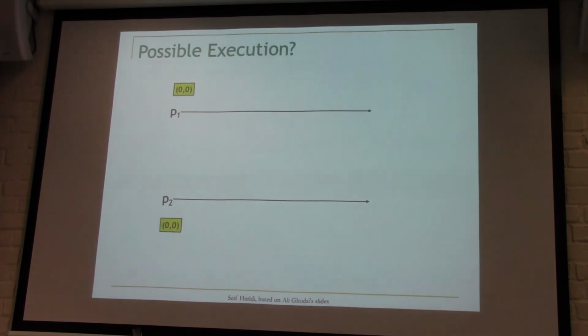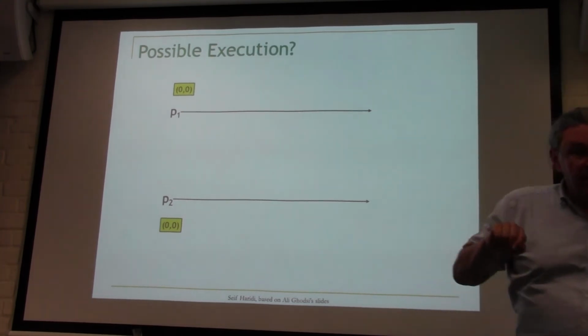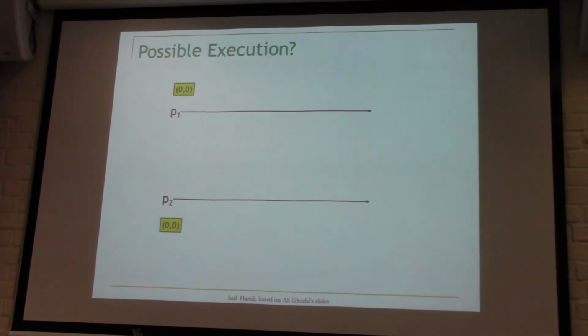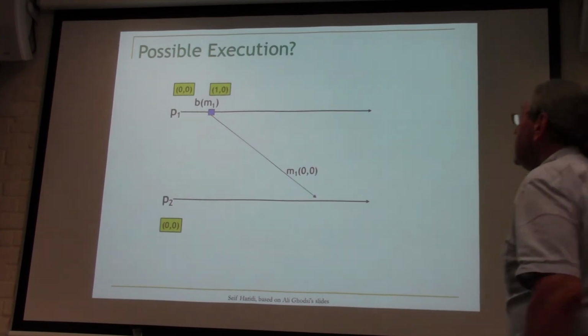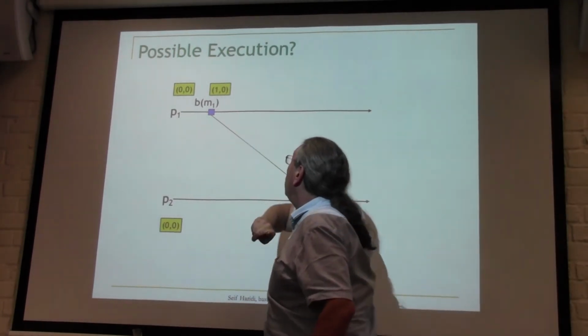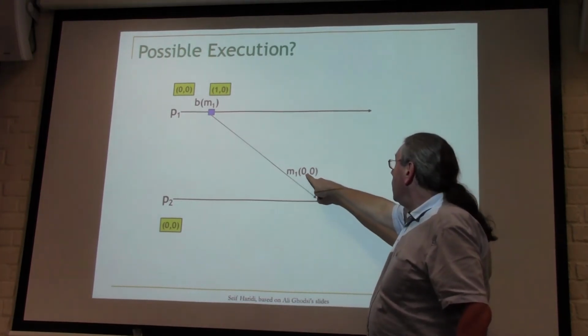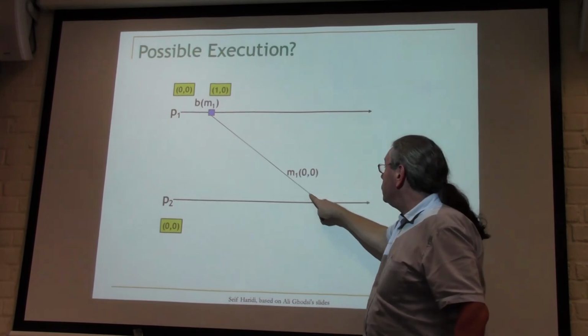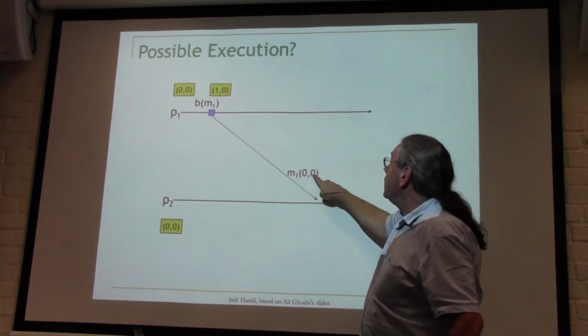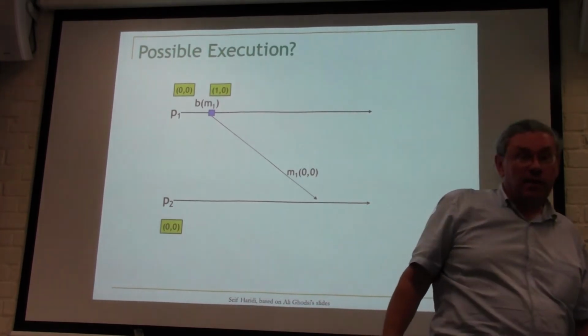Let me show you an example. I have two nodes here, P1 and P2, and the vector clocks are 0, 0. This one does a broadcast, so the local vector clock becomes 1, 0. M1 is then sent, but the piggyback is 0, 0.